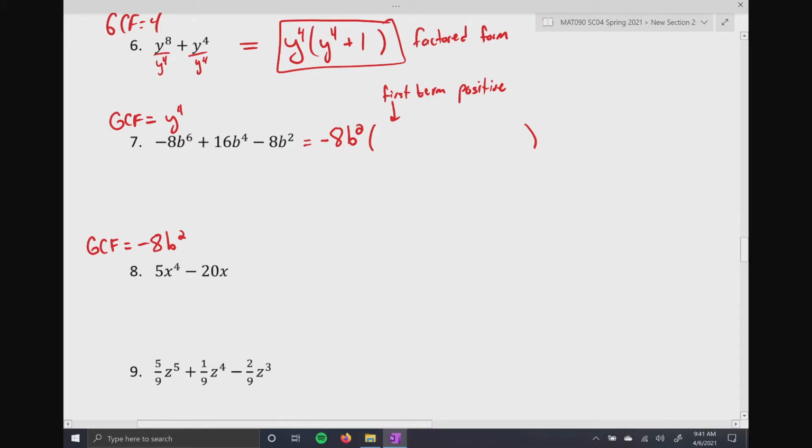All right, now can somebody tell me, what am I going to do with my GCF to figure out what goes inside the parentheses? Divide it. Perfect.